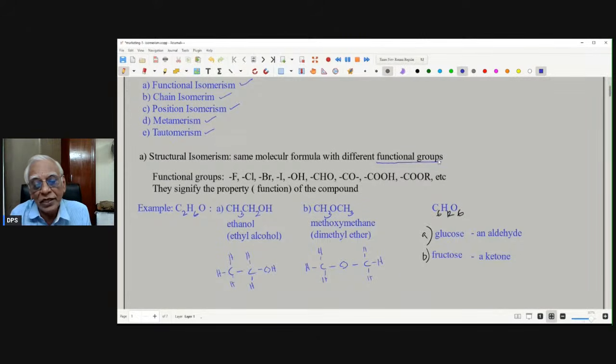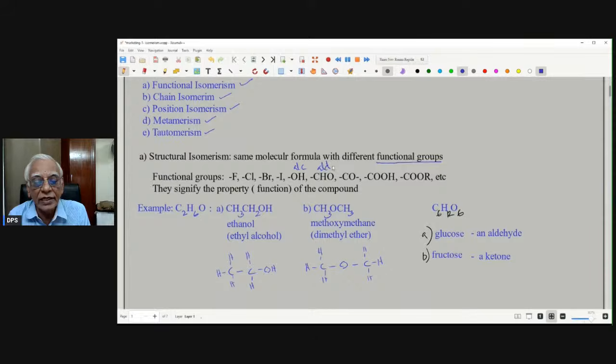Now you should know what is meant by a functional group, the characteristic aspect of organic compounds. They are atoms or groups of atoms. For example, these are halides: fluoride, bromide, and iodide. The OH group is called an alcohol, and this is called an aldehyde.